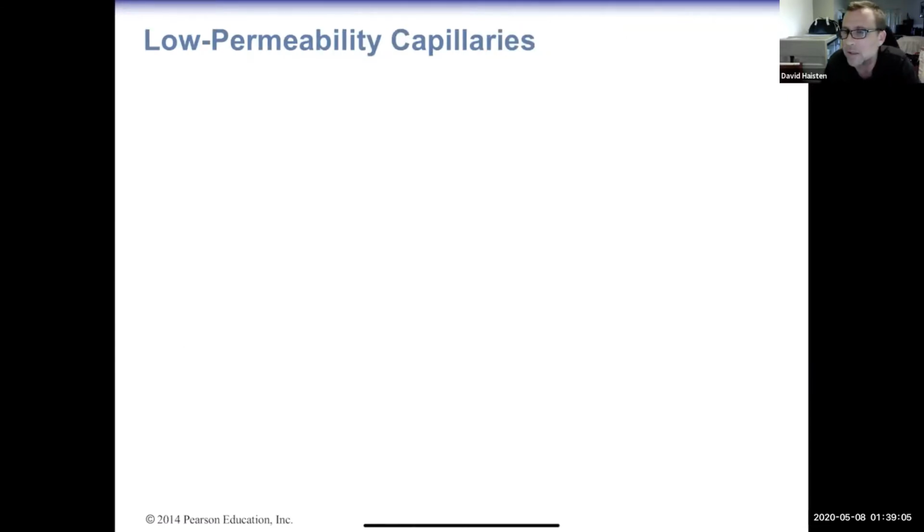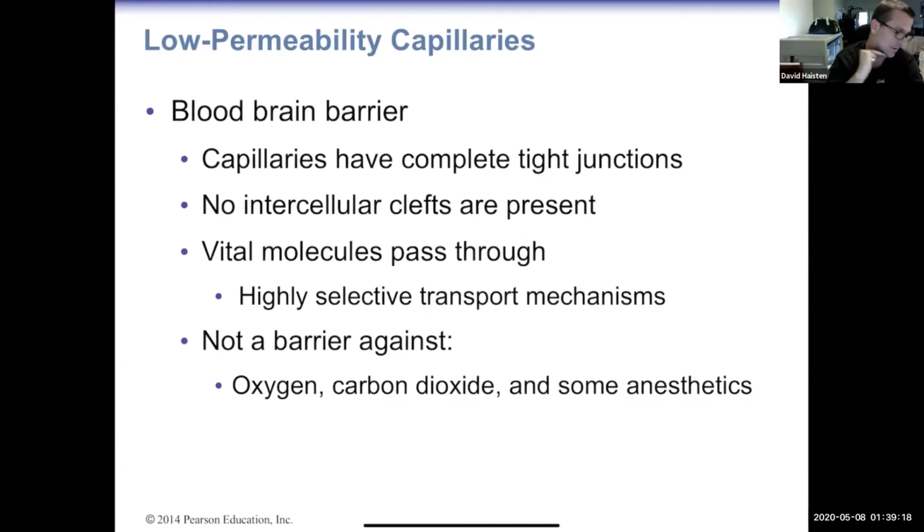Now, there are some low permeability capillaries, the blood-brain barrier. You've all heard of the blood-brain barrier. Something crosses your blood-brain barrier. Okay, the capillaries in your brain are special. You don't want any old thing going to your brain. Or maybe you do, but here's the deal. The capillaries in your brain have complete tight junctions. There are no intercellular clefts.